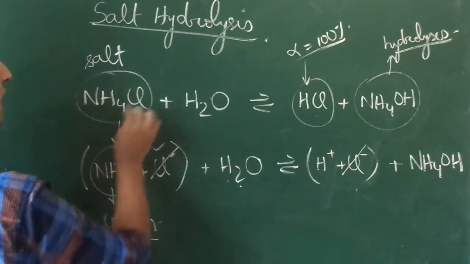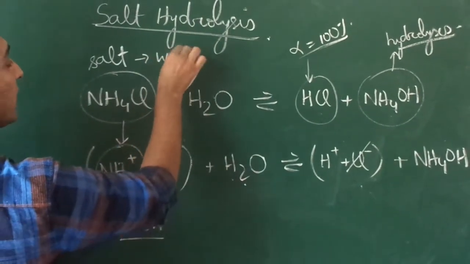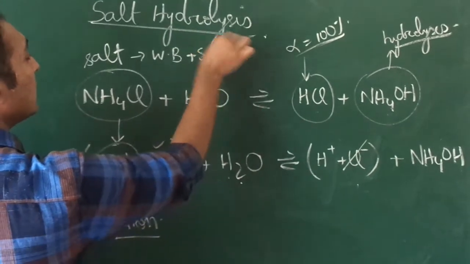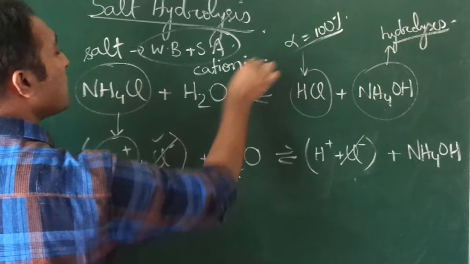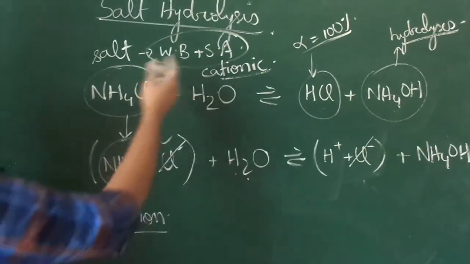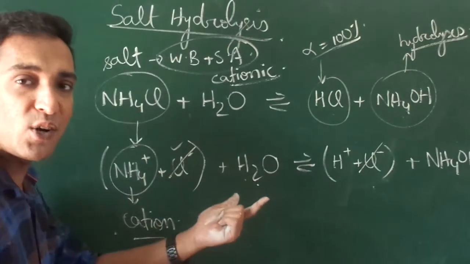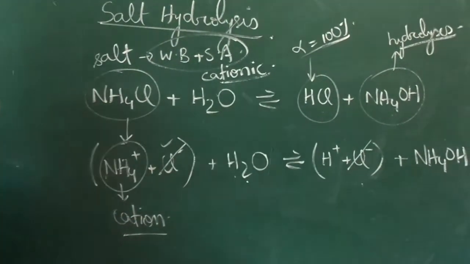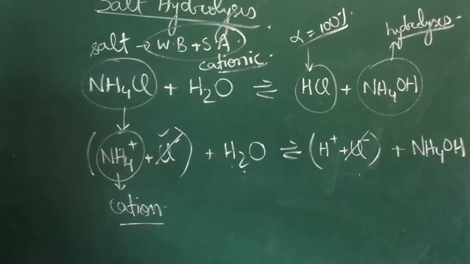So we can also write a salt of a weak base and a strong acid undergoes cationic hydrolysis. And conversely, students, you can make it out, a salt of a strong base and a weak acid will undergo anionic hydrolysis, vice versa.